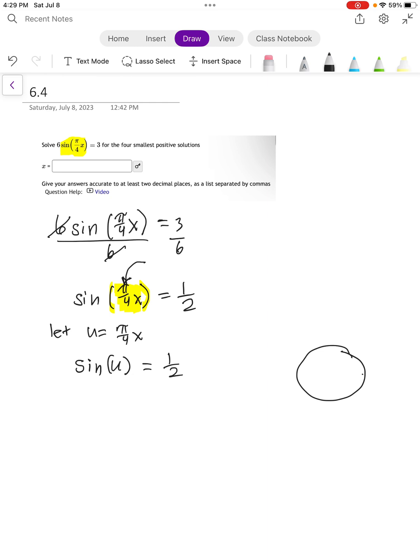We can also graph the line y equals 1/2. If this is a unit circle, which means it has a radius of 1, then halfway up would be right at 1/2.